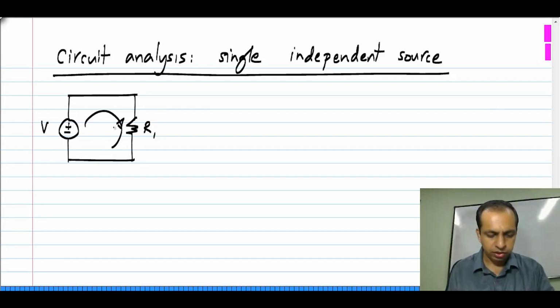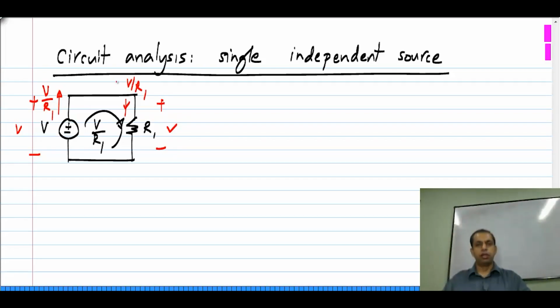The current is V by R1. So, even if you wanted every variable in the circuit, you could tell that very easily. The voltage across this is V, the current is V by R1 in this direction, the voltage here is V and the current is V by R1 in that direction. So, you know the current and voltage across the two branches of the circuit, which are the voltage source and the resistor.